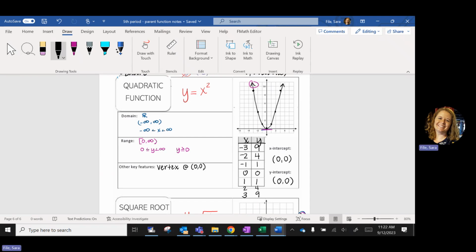We'll get into that more in depth later. I'm going to go ahead and label this as absolute. What that means is this is the lowest point anywhere on the graph. It is absolutely the lowest point anywhere. It doesn't turn again and come back and get lower elsewhere. So that's what absolute tells us. So I'm going to say that that is an absolute minimum.